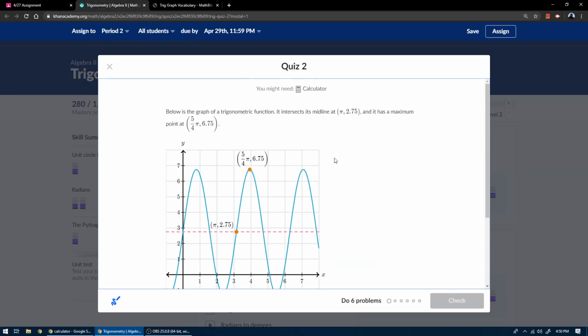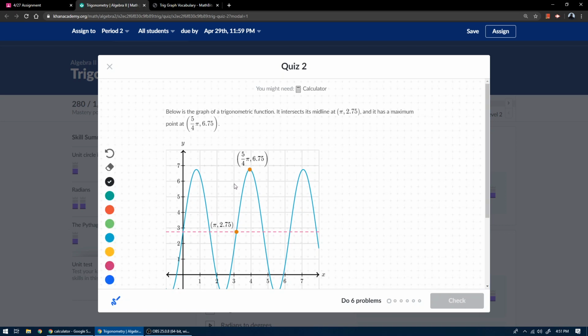So if I return to my graph, the midline is right here, and the maximum point is right here. To find the amplitude, I want the distance from here all the way down to the midline, a straight line shooting down.